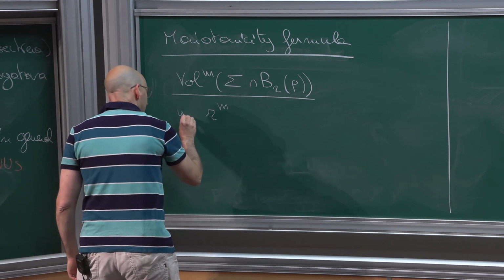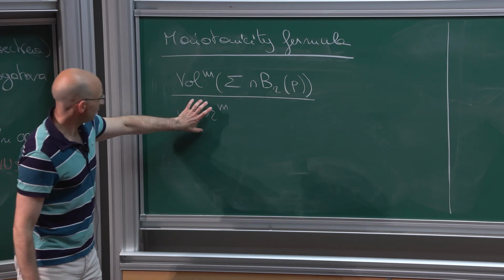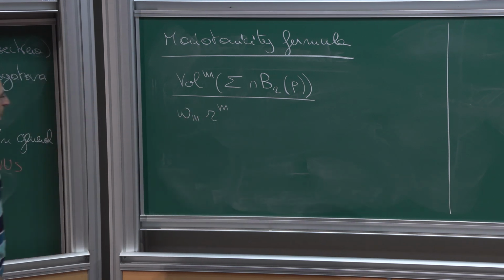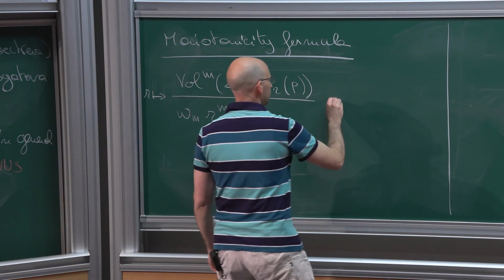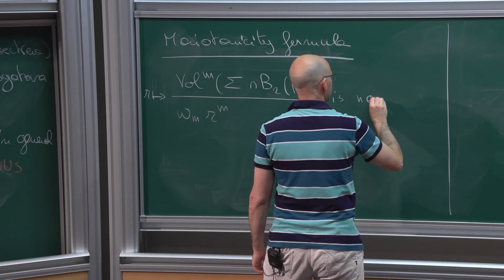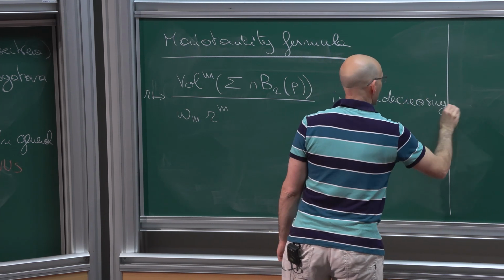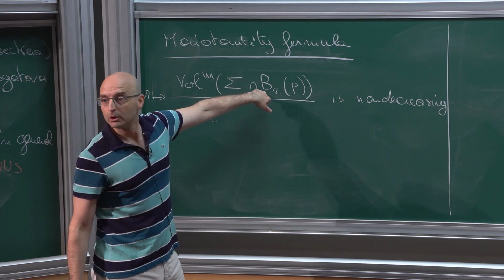That normalization is just the scaling, the exact computation of the volume of the disk. This function of r is non-decreasing, as long as the ball stays away from the boundary.